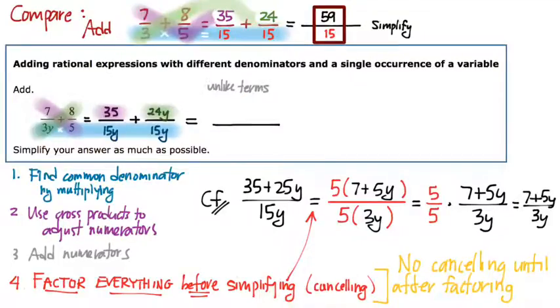Therefore, the lowest terms for our final answer are the way we had them, 35 plus 24y over 15y. Because, in fact, I cannot factor the numerator, 35 plus 24y, in any meaningful way. Because 35 and 24 have nothing useful in common. 35 is a 5 and a 7. 24 is a 3 and a bunch of 2's.